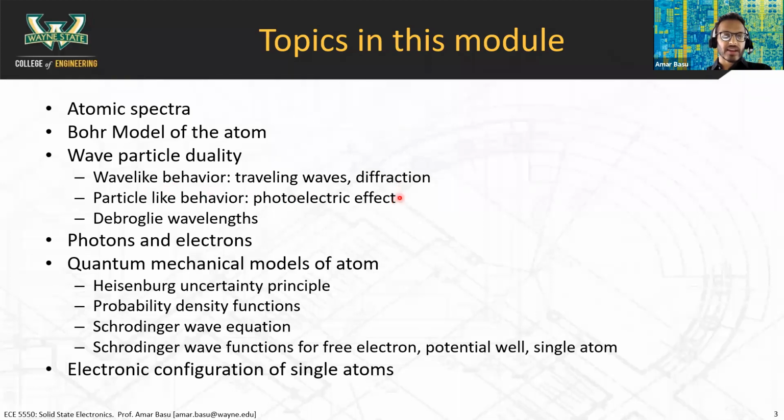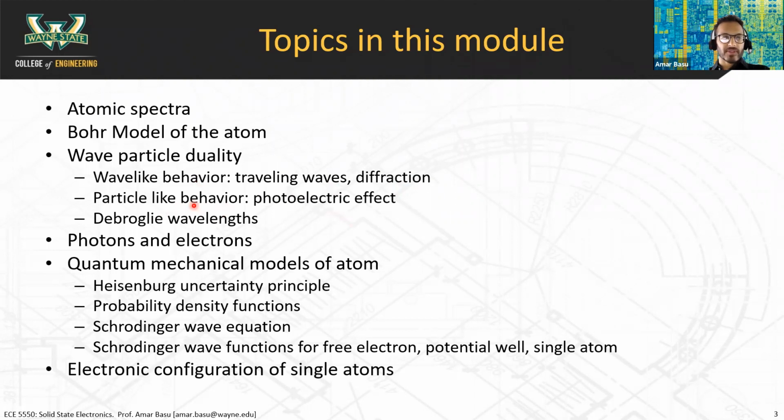So there's certain things that electrons do, and certain things that light and photons do, that are wave-like. And there's certain things that light and electrons do that are particle-like. For example, we'll talk about the photoelectric effect. So the basic message here is that light and electrons have this wave-particle duality.